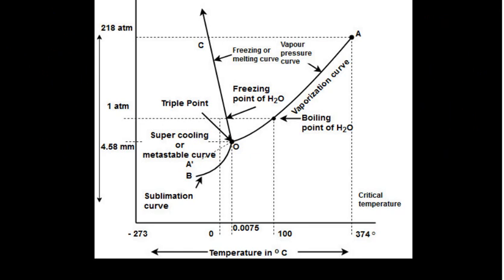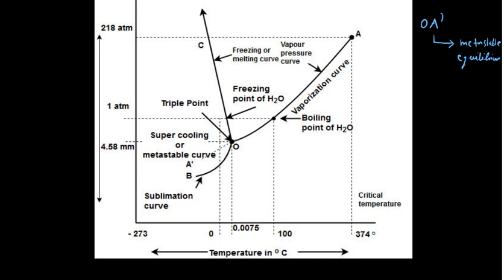Okay. Now, I am going to explain the curve OA dash, and this curve OA dash is known as the metastable equilibrium. Okay. What is the meaning of metastable equilibrium?